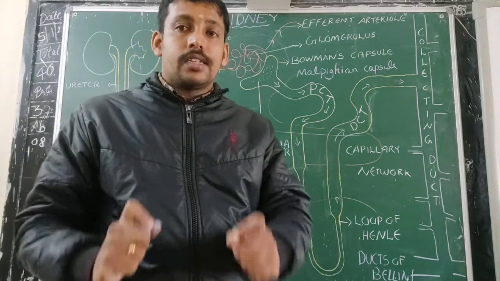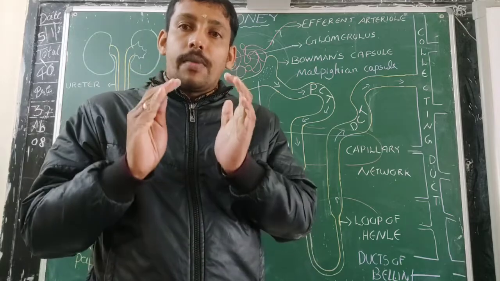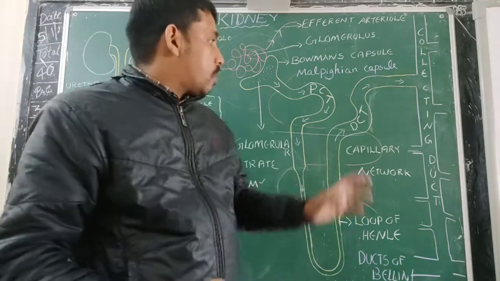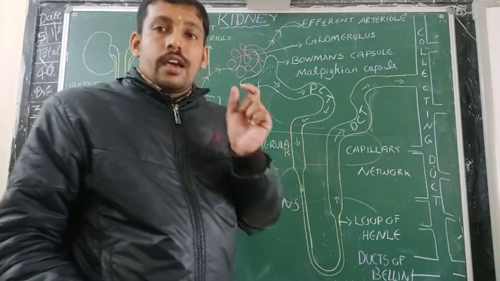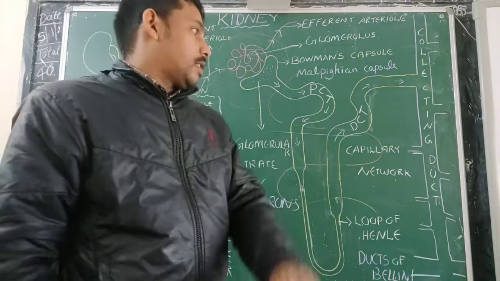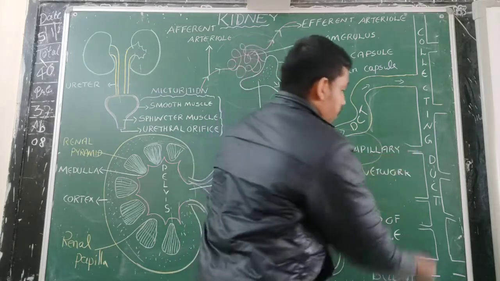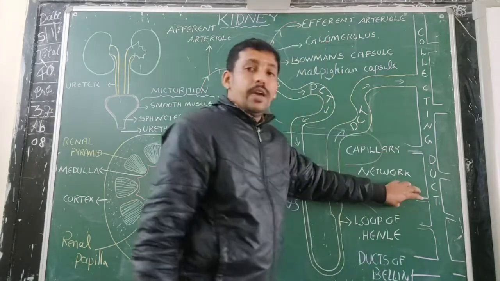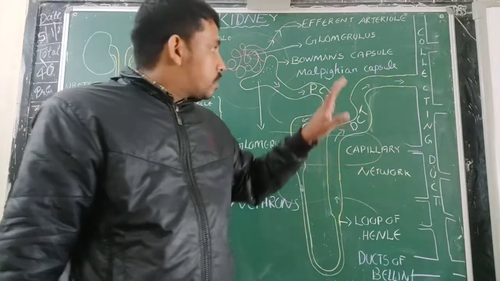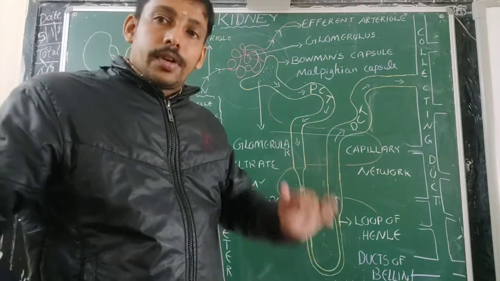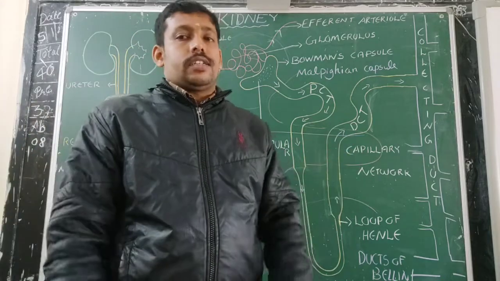Then what about the collecting duct? It's a common duct. Many nephrons are opening into a common collecting duct. Here in this region we can see another nephron. Like that, many nephrons enter into the collecting duct. And in our kidney there are a number of collecting ducts.